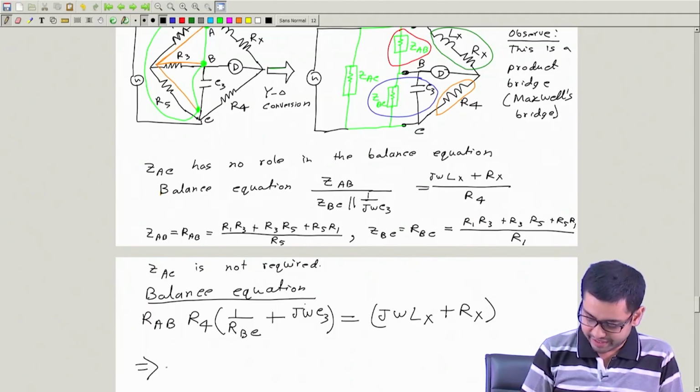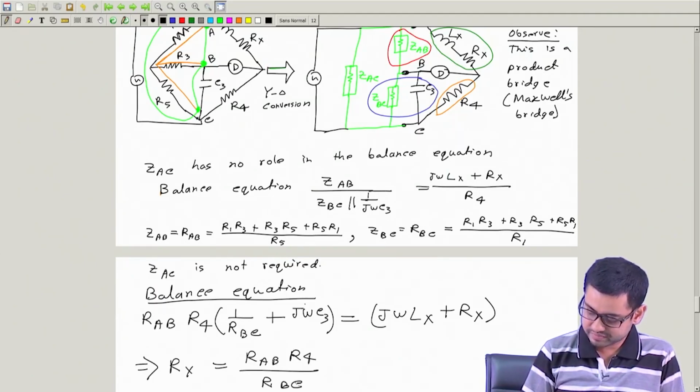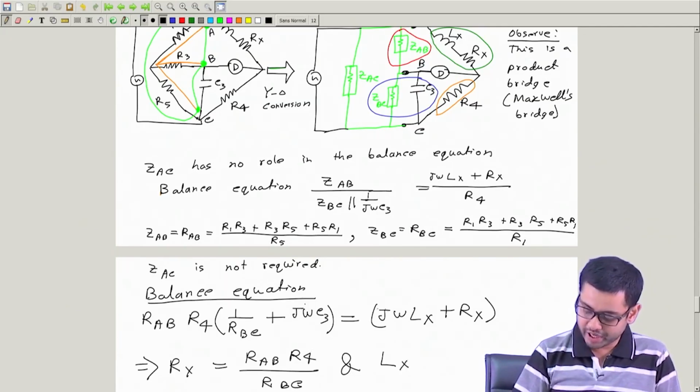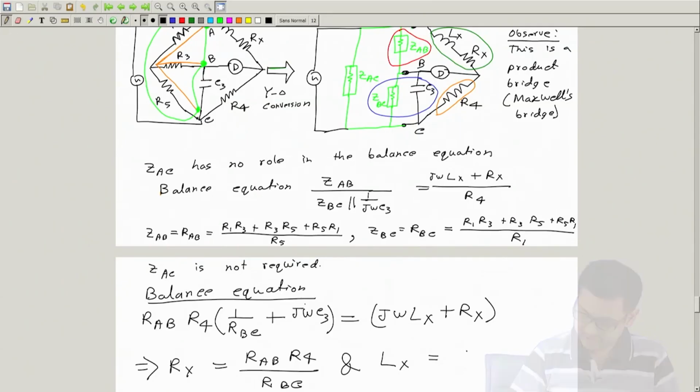So from this we can write the real part: Rx will be the same as RAB R4 by RBC, and the imaginary part: Lx, j omega will cancel, will be the same as C3 R4 multiplied by RAB.